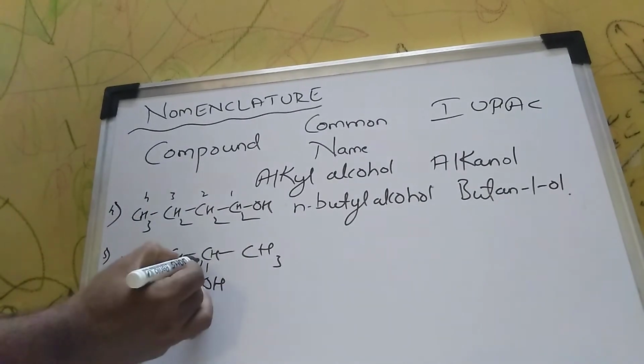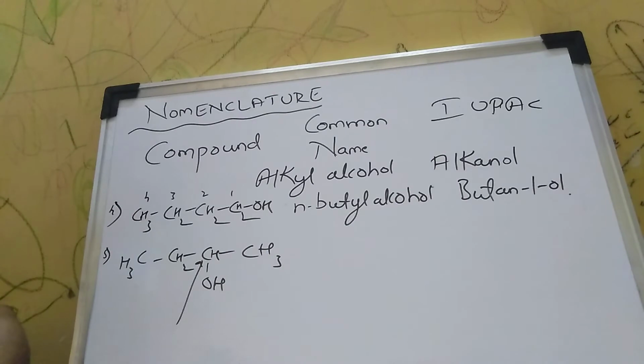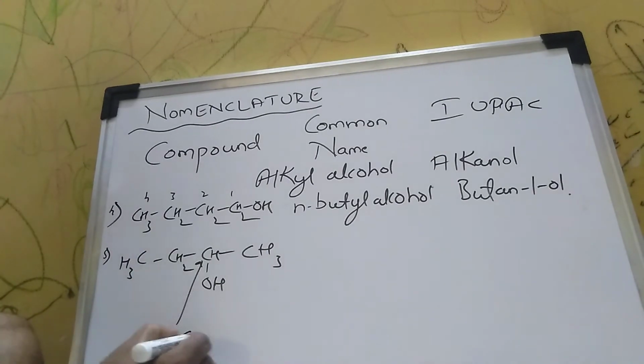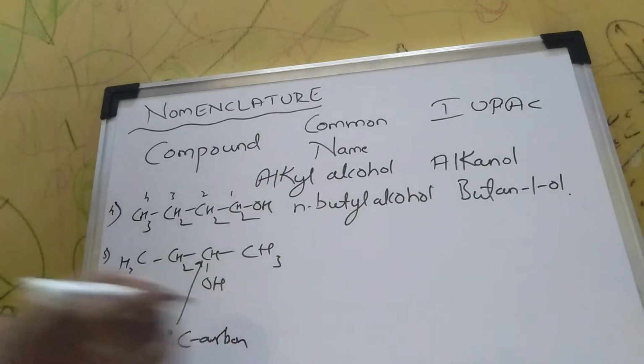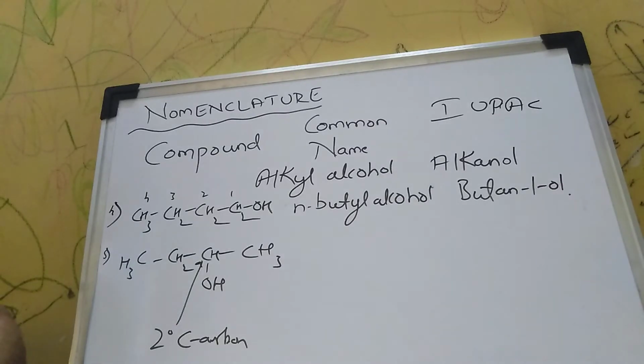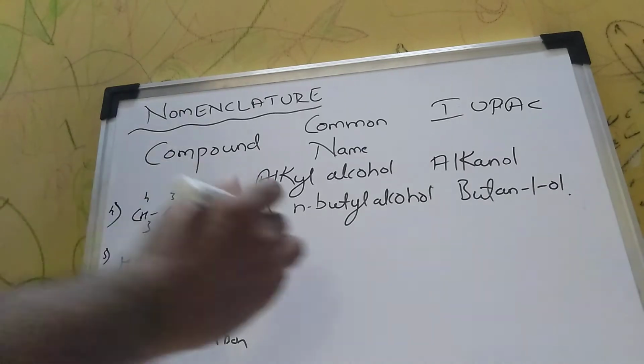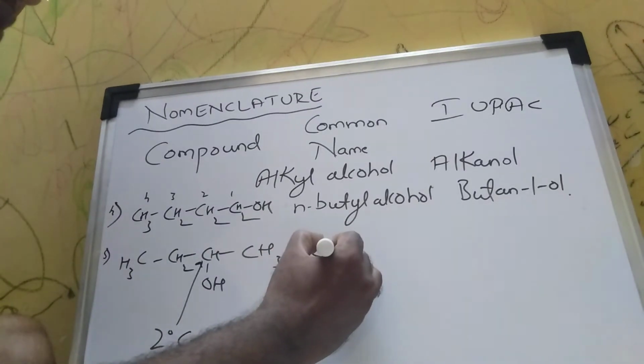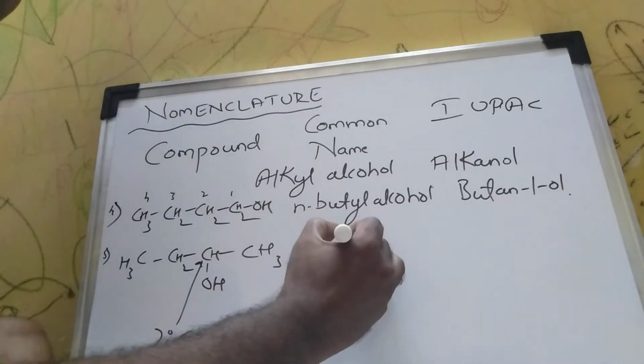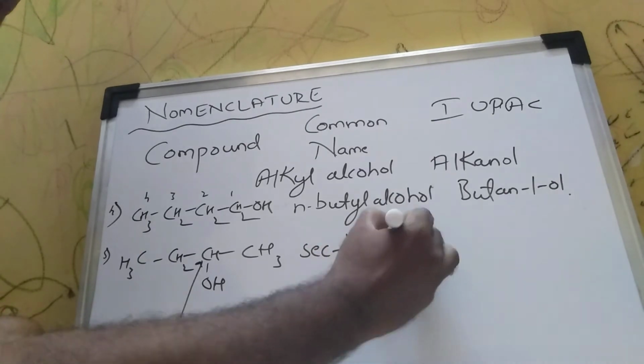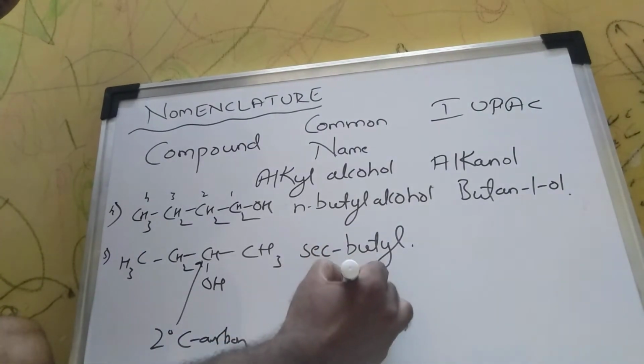So this carbon is secondary carbon. So we are not going to use the term iso over here. We'll use the term secondary. For secondary we use the short form sec. Sec-butyl alcohol.